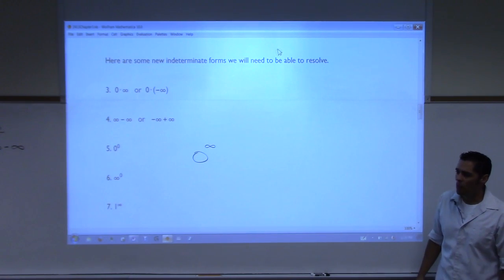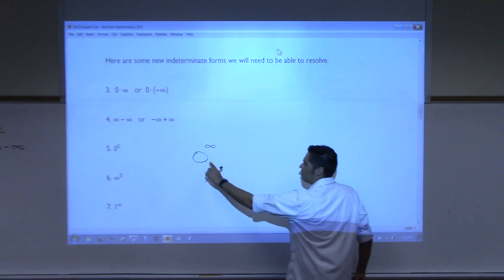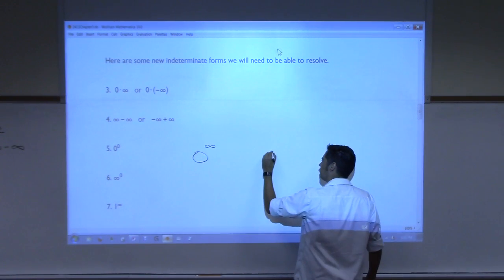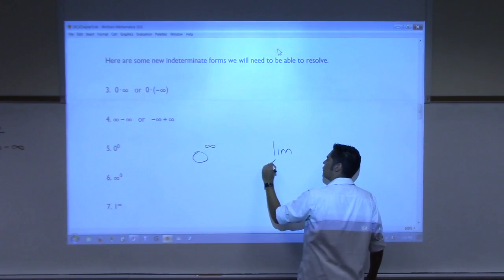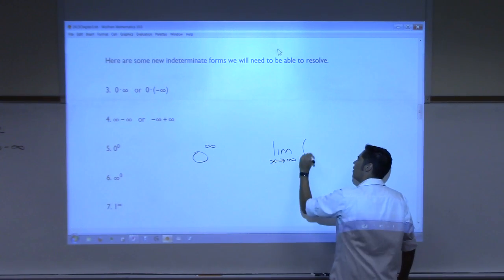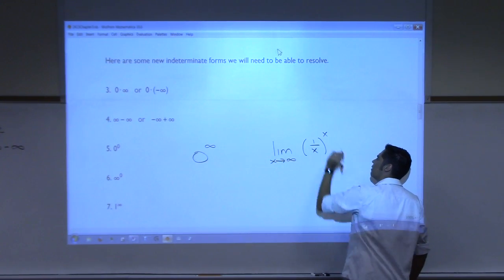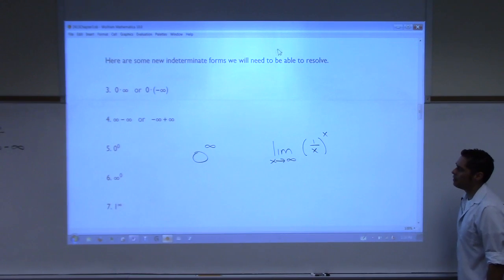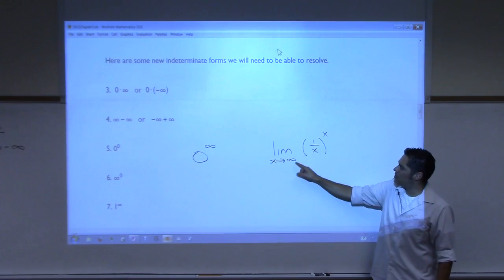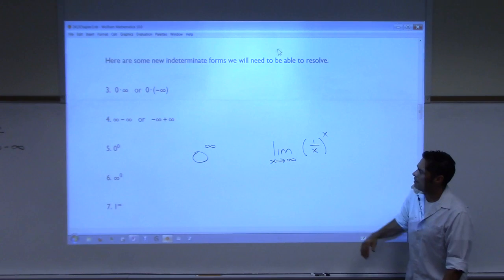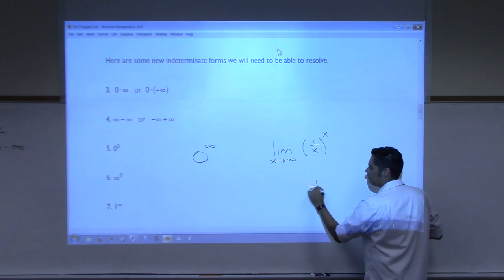Now let's talk about why. If your base is getting smaller, let me do this. Limit as x goes to infinity of 1 over x to the x. That's what we have there, something like that. So imagine that you start letting x get big. Let's plug in a big number for x, like 100.